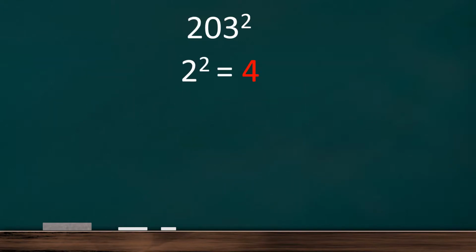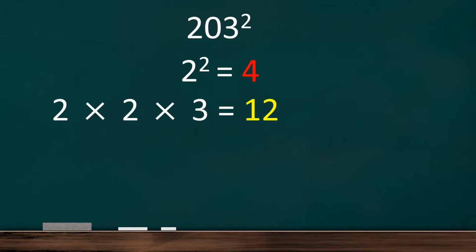And then we have 203 squared. In the same way, first we take 2 squared, which is equal to 4. Then we take 2 times 2 times 3, which is equal to 12. And then finally, 3 squared is equal to 9. There's a big point here. As I've said before, each of these calculations takes up 2 digits of the final result.